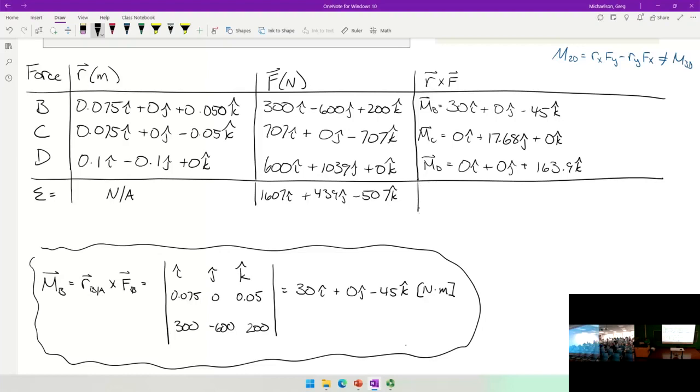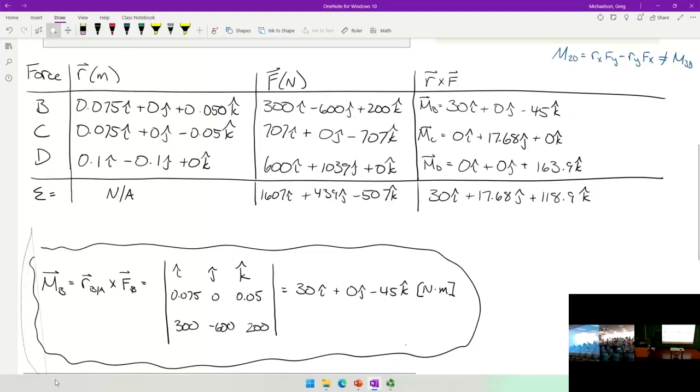And this one we'd have to sum out, and we end up getting 30i, 17.68j, and this one ends up being like 118.9k.